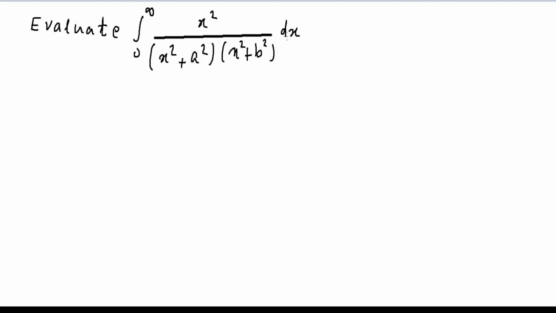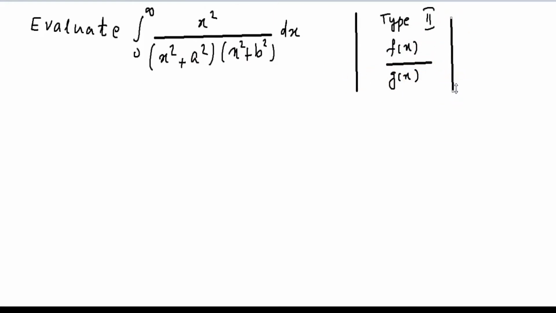In this question, we have polynomials in numerator and denominator in the form f of x by g of x, and the power of the denominator is greater than the numerator. Also, the limit varies from 0 to infinity.